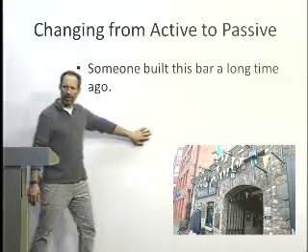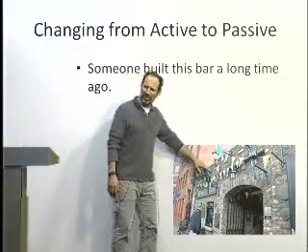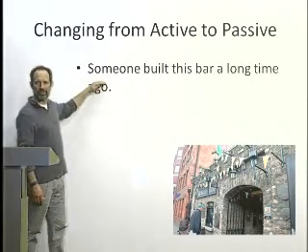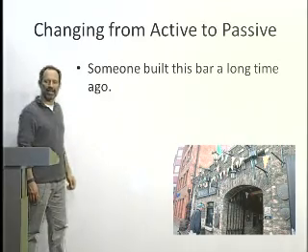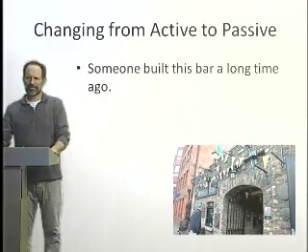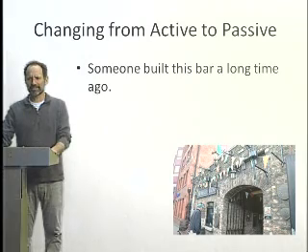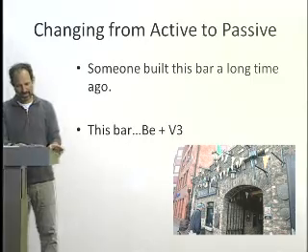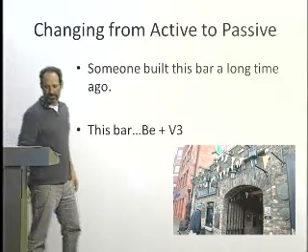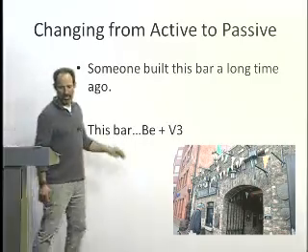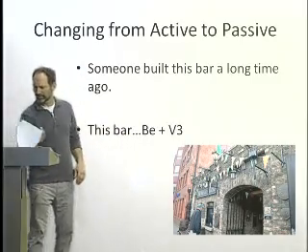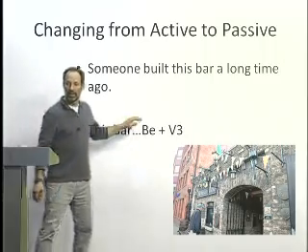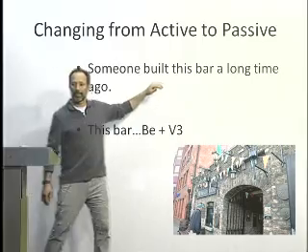Let's take a look at this bar right here. We can see the old stone. It looks like a very old bar. So someone built this bar a long time ago. What's the first step to changing this to passive? So the first step, we're going to find the verb, built.